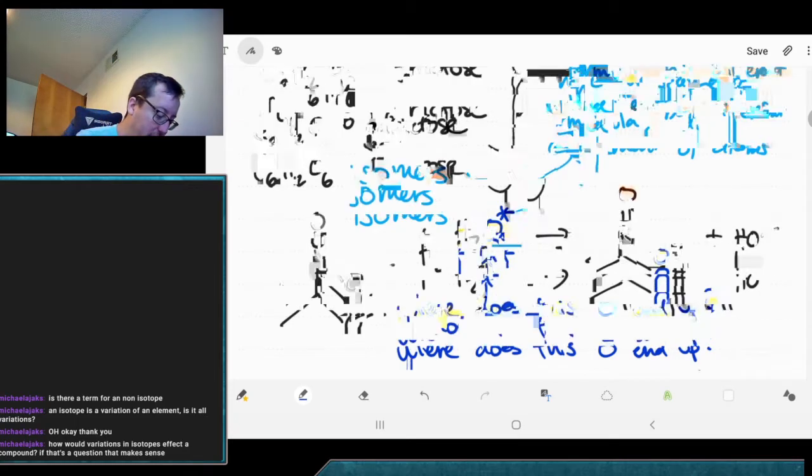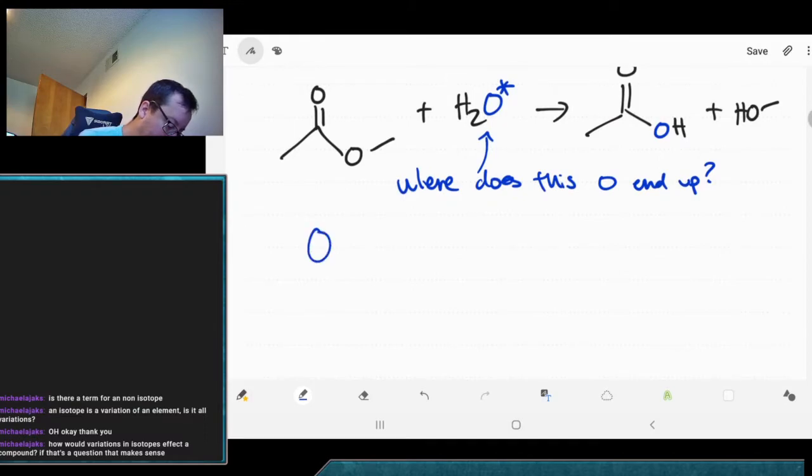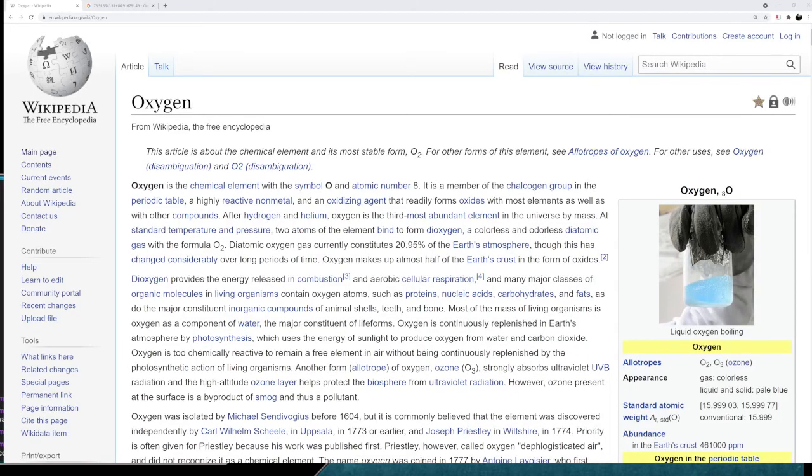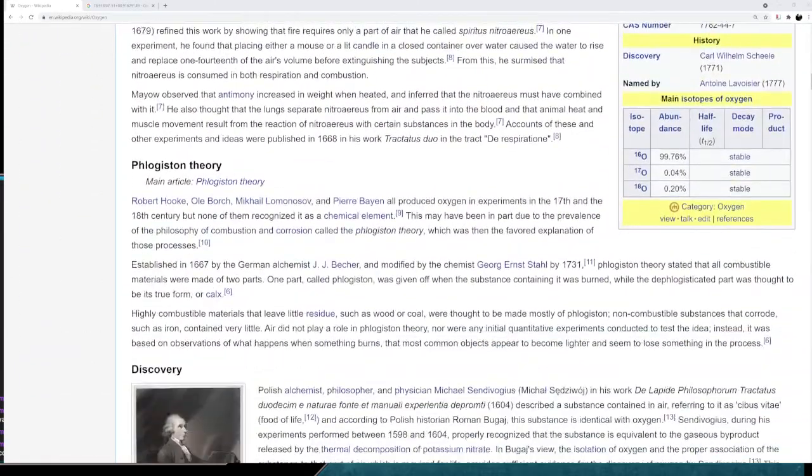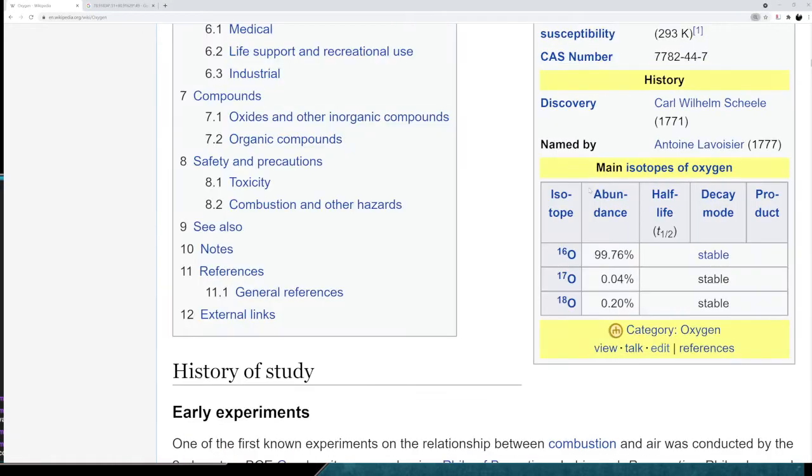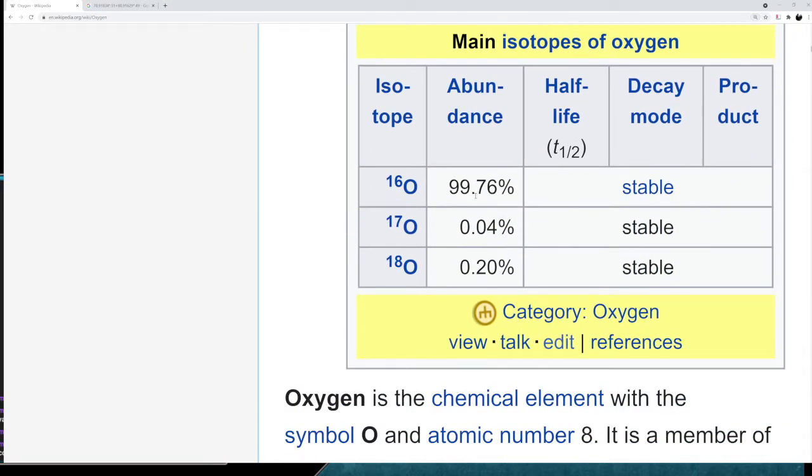Oxygen typically comes as oxygen 16. Here, let's go back to Wikipedia for a second. By and large, almost 100% of oxygen is oxygen 16.